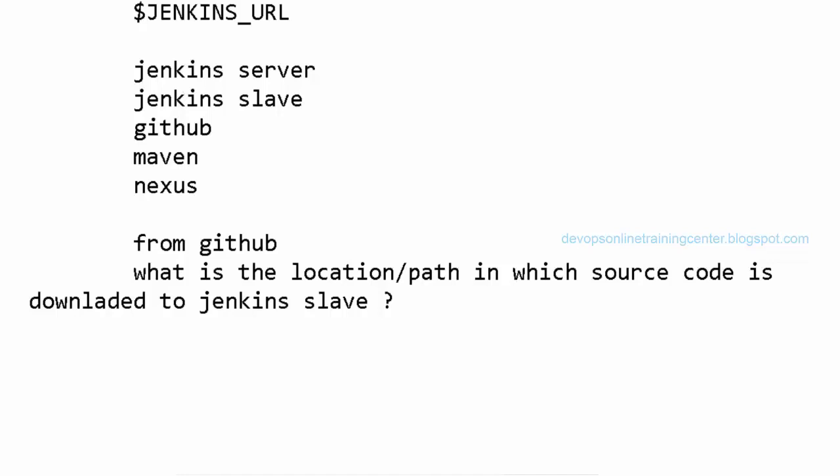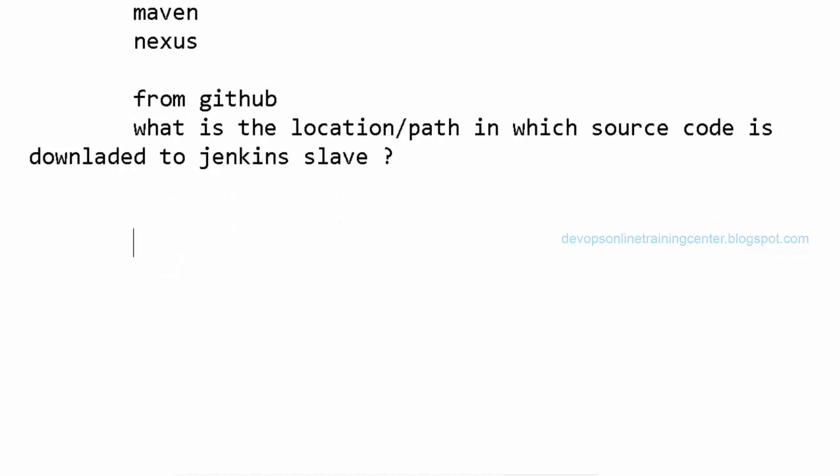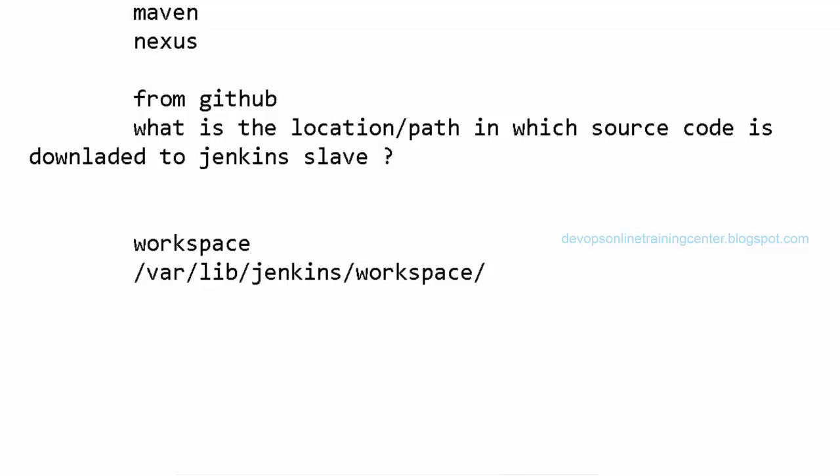So we create a directory. We create a job. Like workspace, right? So home directory of Jenkins, var lib Jenkins. Under that workspace, under that the job name, sample job. Under that it will create, right?